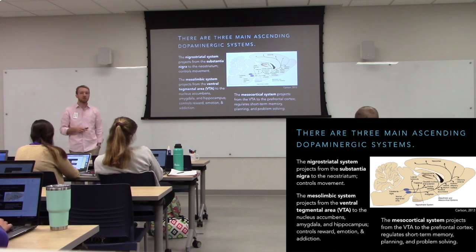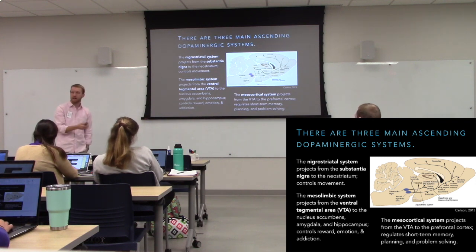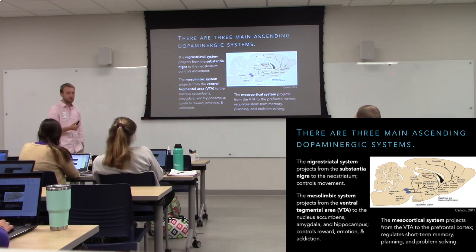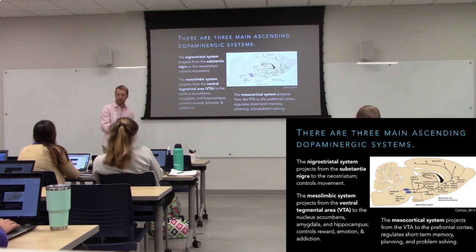But they're all releasing dopamine. They have that in common. They're all found right there next to each other in the midbrain. But they create a few different pathways that are going to target different areas of the brain and thus have different effects, whether it's movement, memory, or mood. It's not the neurotransmitter that makes that difference, it's their target.